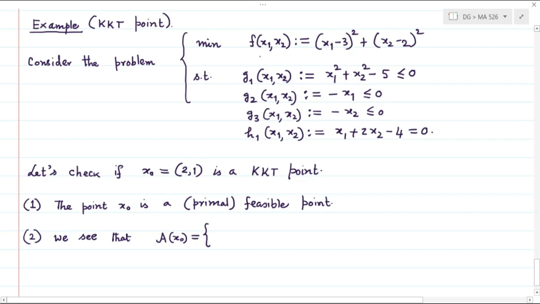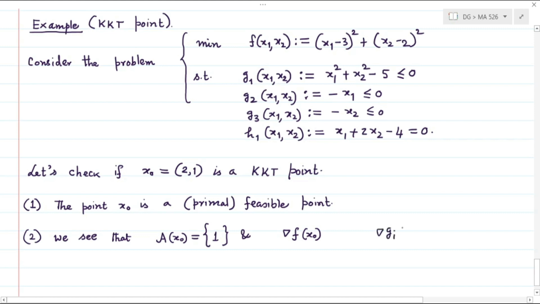You note that g1 at x0 is obviously equal to 0, and g2, g3 are not. Therefore A(x0) contains only 1, the first index.